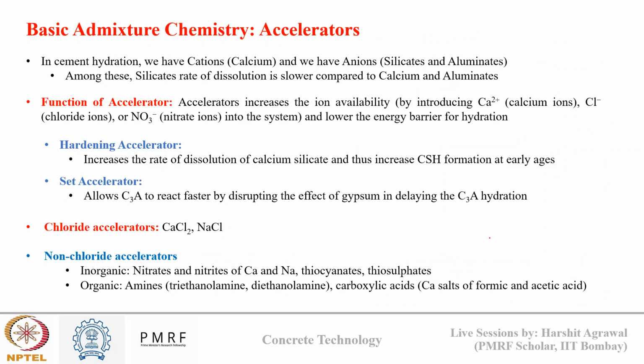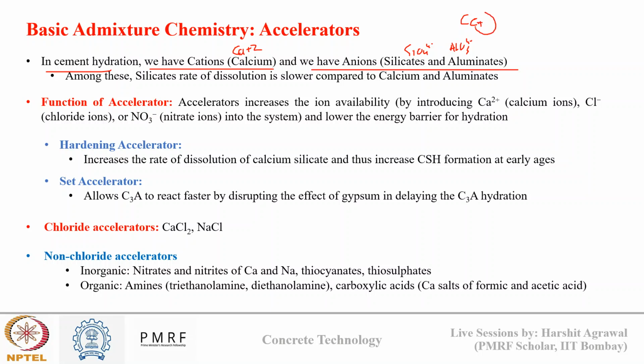Now, what is the basic chemistry behind the working of an accelerator? In cement hydration, we have cations and we have anions. Calcium ions are cations, they carry positive charge, and silicates and aluminates are anions, they carry negative charge. If we talk about a cement grain, we know hydration is a surface phenomenon.